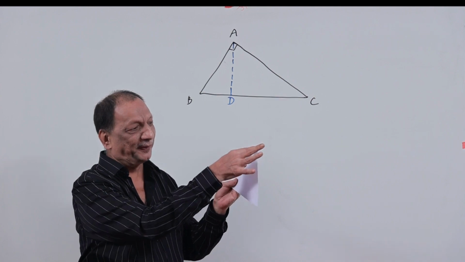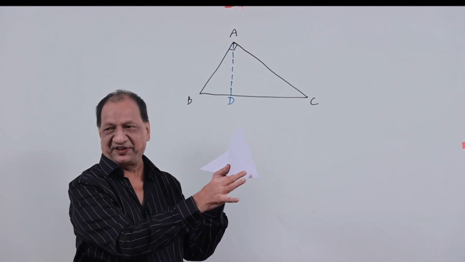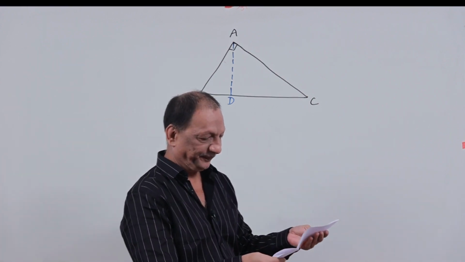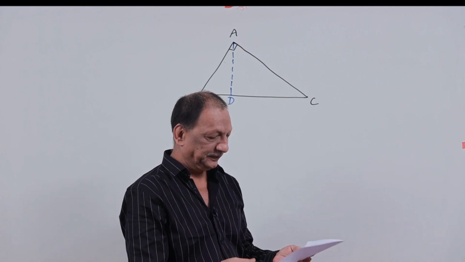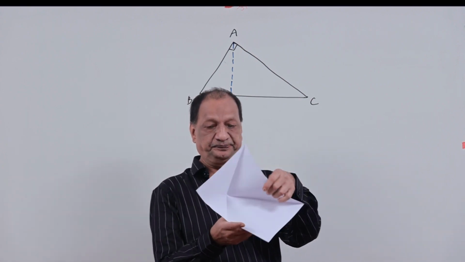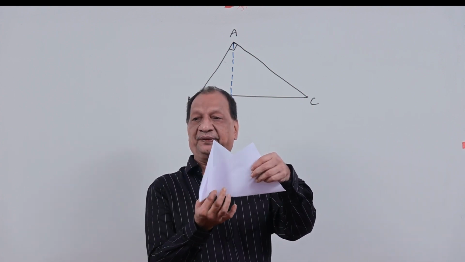Now I have to drop a perpendicular from the point of the right angle to the base. That I have done here. One more sheet of paper where I have dropped this perpendicular. You can see, I don't know if you can see that. This is the perpendicular.